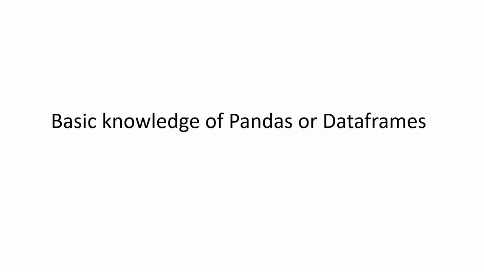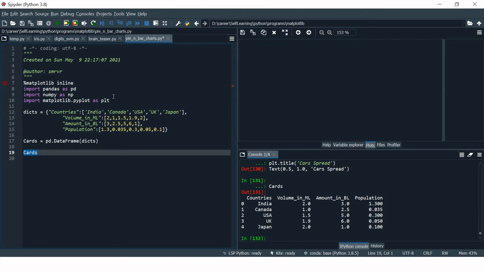To understand this thing, it is very important that you should have at least basic knowledge of pandas or data frames. So here I have imported Matplotlib. In the same fashion, you can also import it. If you are using Jupyter Notebook, do not forget to use this parameter %matplotlib inline.